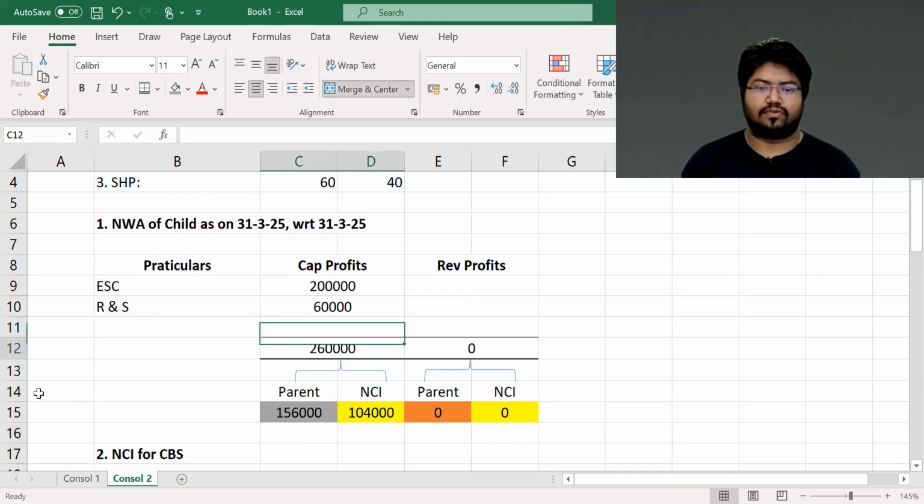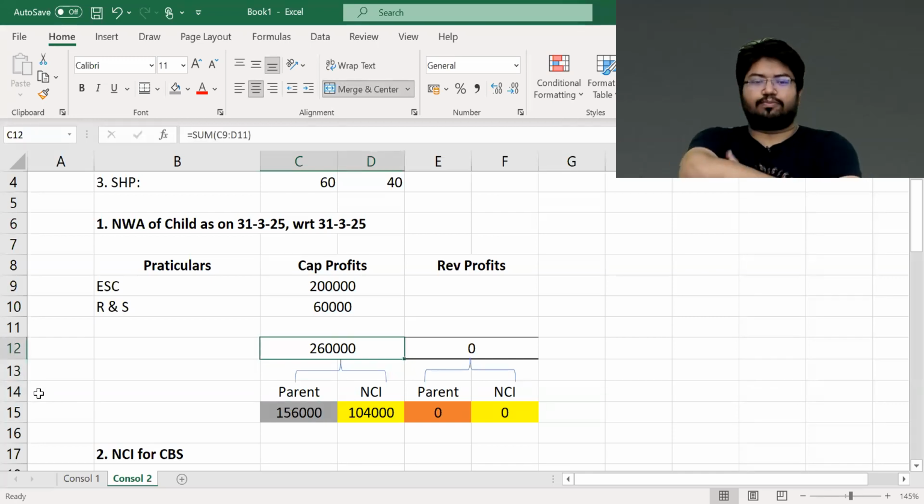Okay. Then from the 2,60,000, take off two parts, parent and non-controlling interest, revenue profits as well, parent and non-controlling interest.